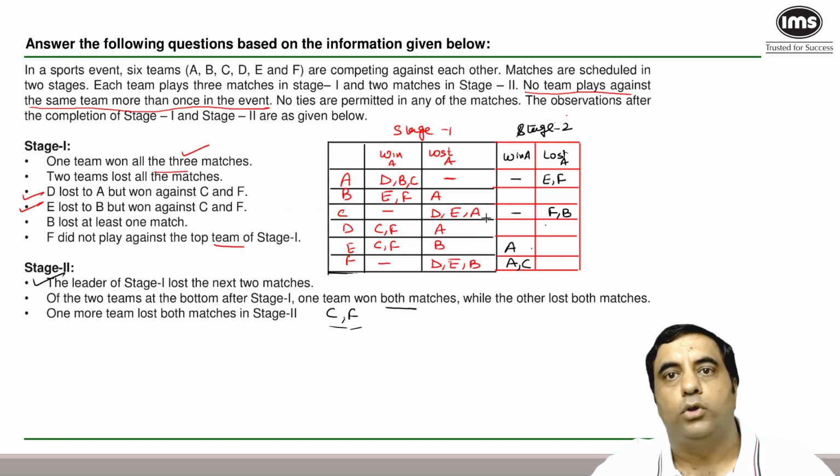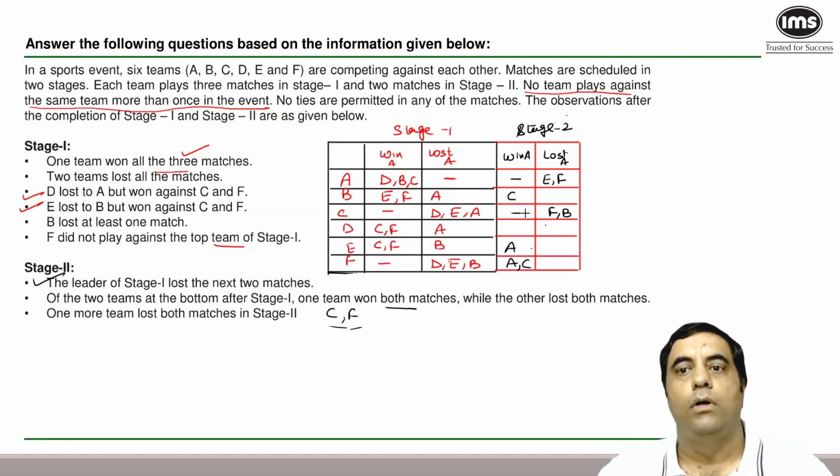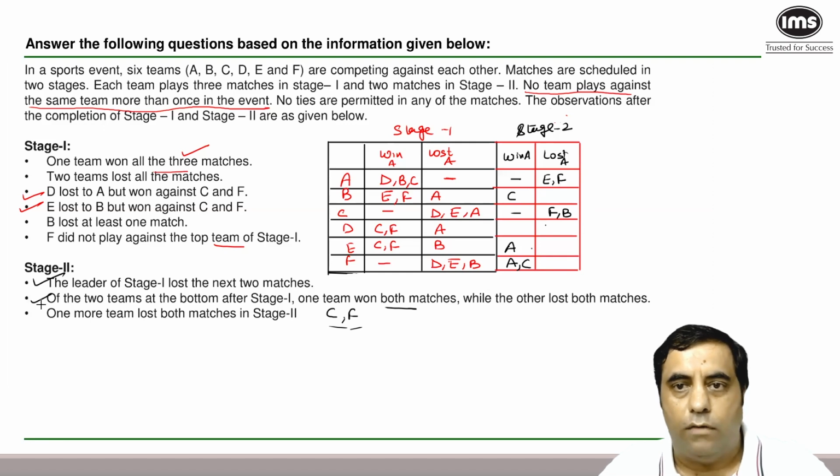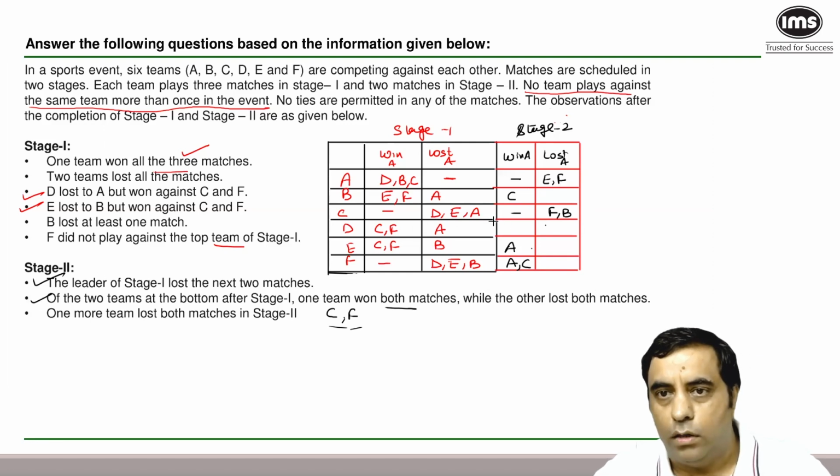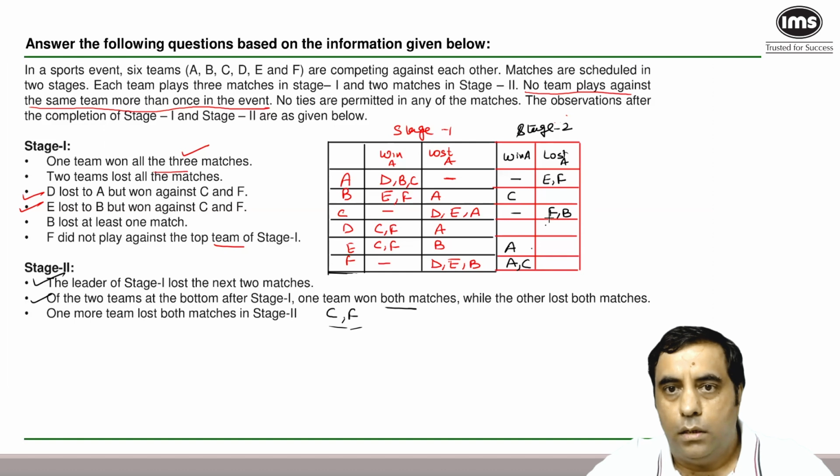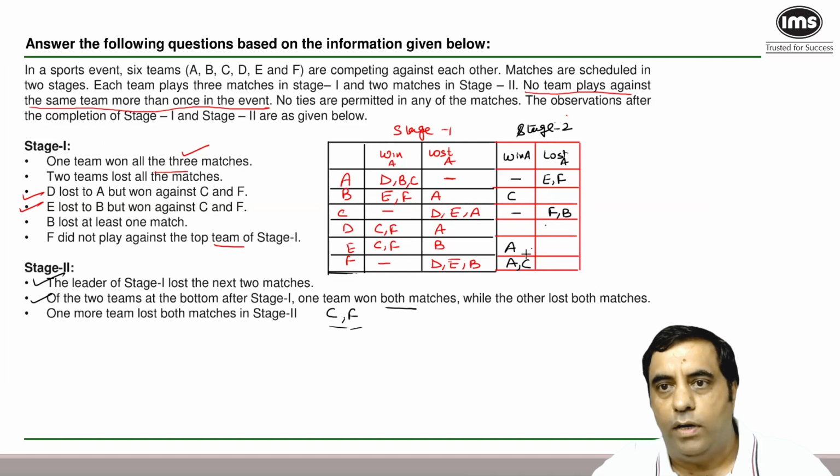If C lost to B, then B won against C. This is how I'm able to fill it right now. So we have C has lost against F and B, therefore B won against C and F also. So we've filled this. Okay.